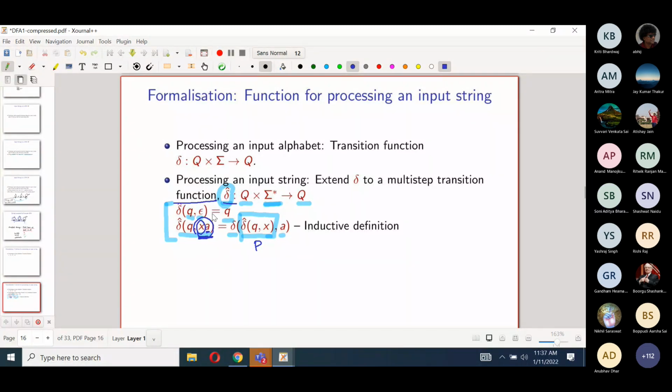Okay. So basically this is capturing the fact that I use delta hat Q on a smaller string X to reach some state P, and then the final state will be in accordance with the single-step transition function delta.